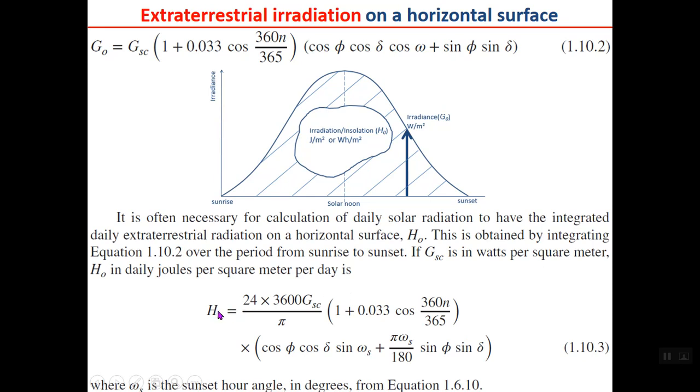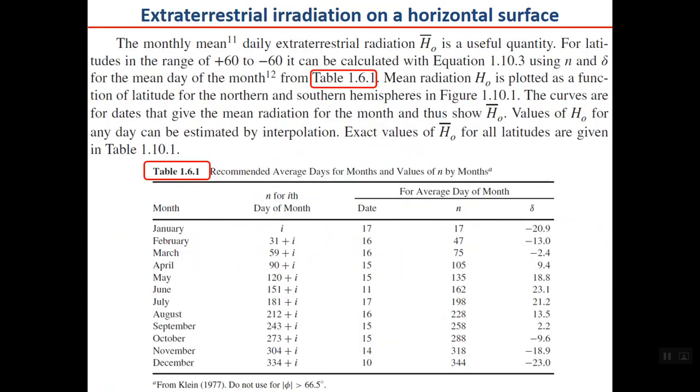How can you distinguish between days? By n, as you can see here. So for each day, you should put the value of n for that day. Omega s in this equation is the sunrise or sunset time or hour angle. The value of n, as told before, may be found from table 161 in your book.